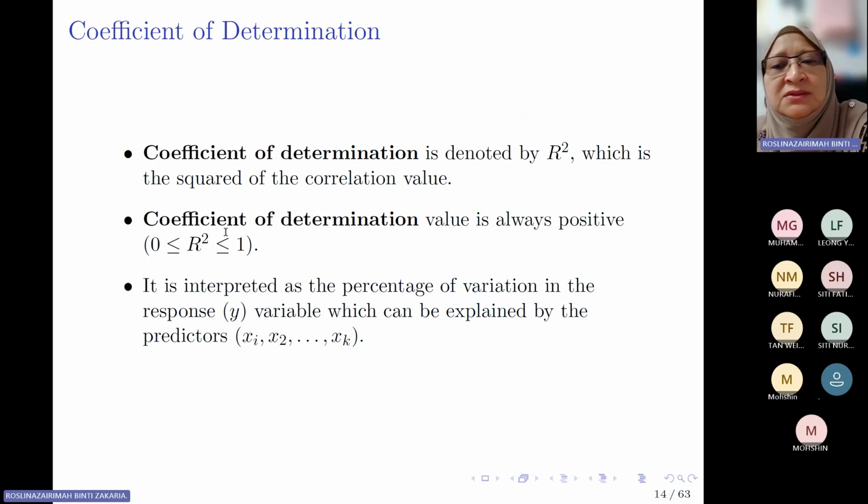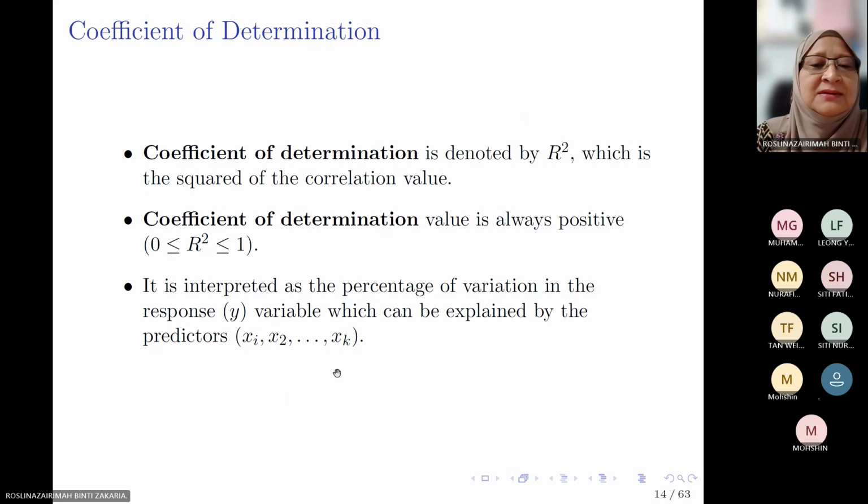The coefficient of determination is always positive because you square it. So just now the correlation coefficient was between -1 and 1, but the coefficient of determination is between 0 and 1, because we squared it. It is interpreted as the percentage of variation in the response Y variable which can be explained by the predictors.